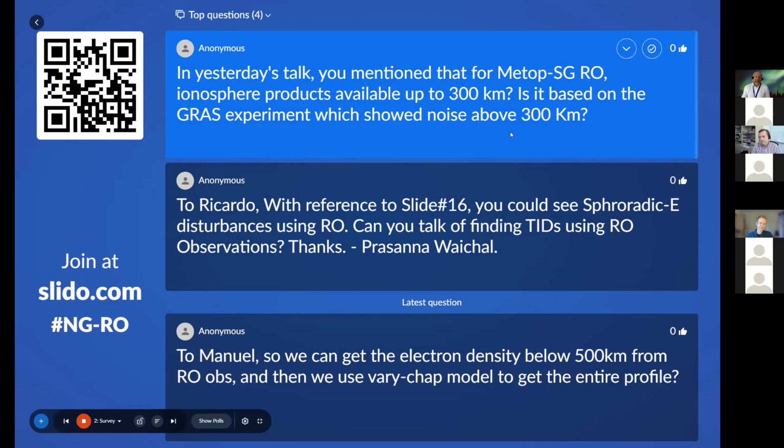The GRASS experiment was something we were looking forward to, to see if our RO instrument could have good measurements from the ionosphere, and also because we needed to prepare the algorithms for the radio occultation second generation. But EPS-SG will provide the data up to 500 kilometers for sure.